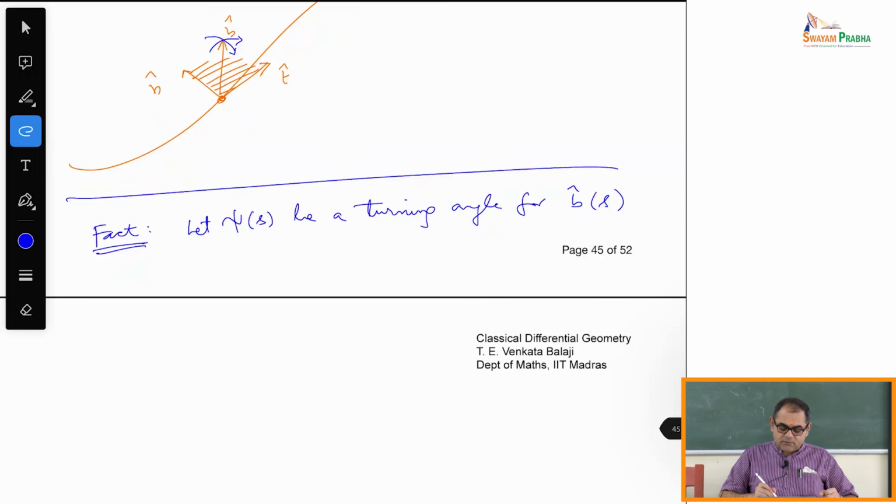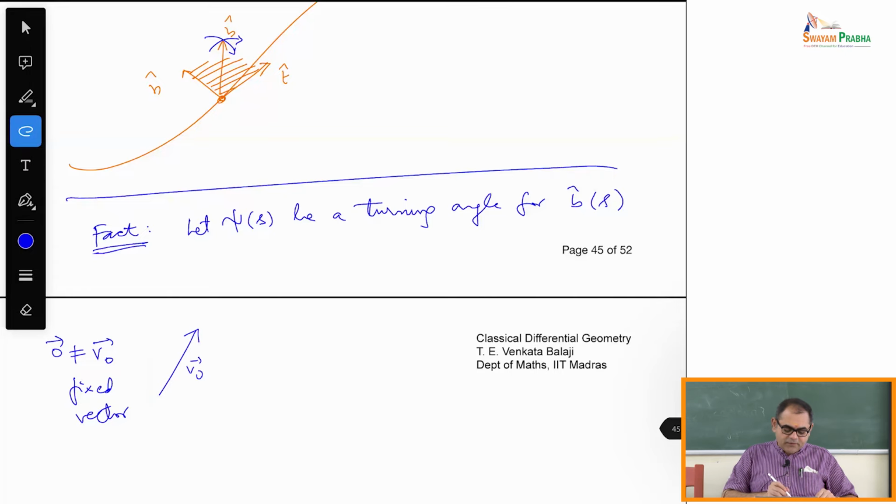This means that there is a fixed vector v naught. It's not necessary that it be in any particular direction, I just need it to be non-zero, so v naught not equal to 0. It's a fixed vector in some direction.